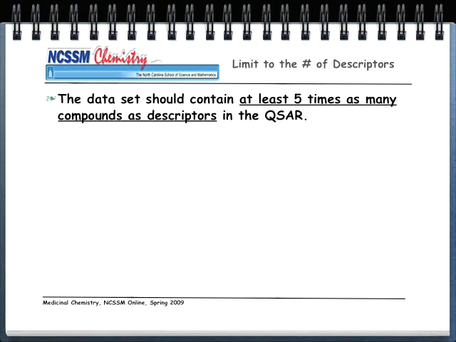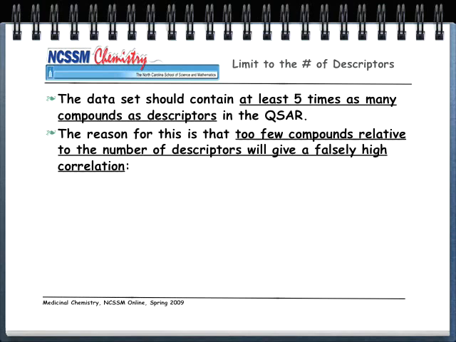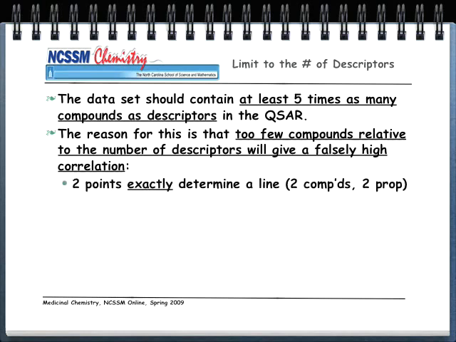Generally, as a rule of thumb, you're going to have a test set of data. You're going to have data that should have at least 5 times as many compounds as descriptors in the QSAR, and we'll give you an example of this momentarily. And the reason for that, it's complicated statistically, but too few compounds relative to the number of descriptors can sometimes give you false correlation or false results, okay?